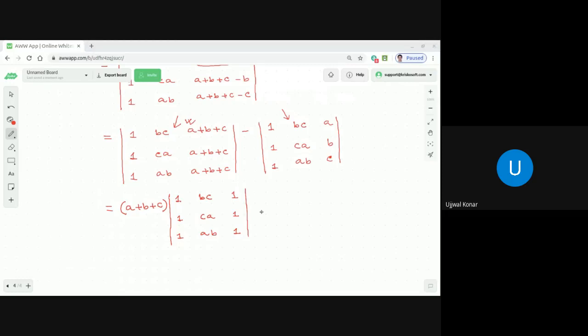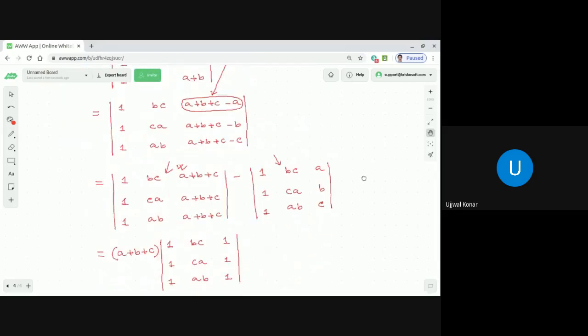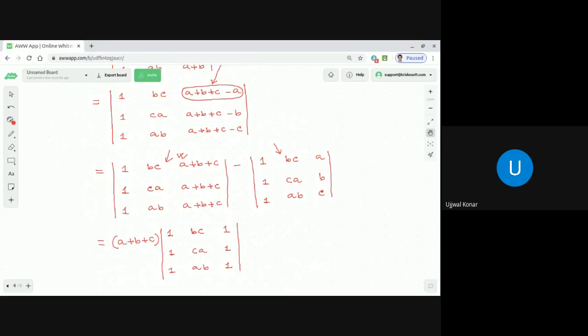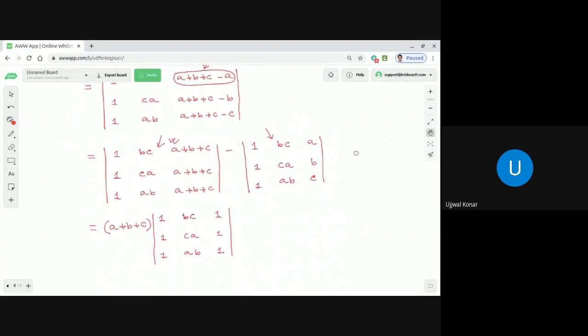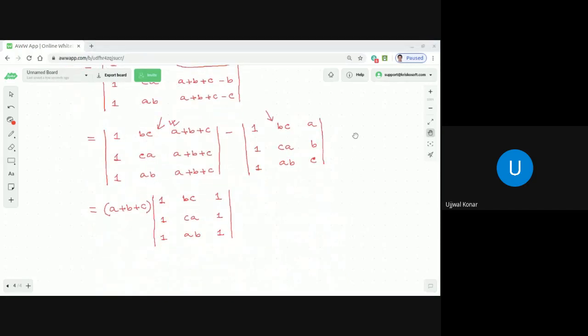Now, in the second determinant, what I am doing, dear students, is that I want to interchange the first column and second column. Why do I want to do so? Because if you look into the left-hand side determinant, in the first row what we see is 1, 1, 1.